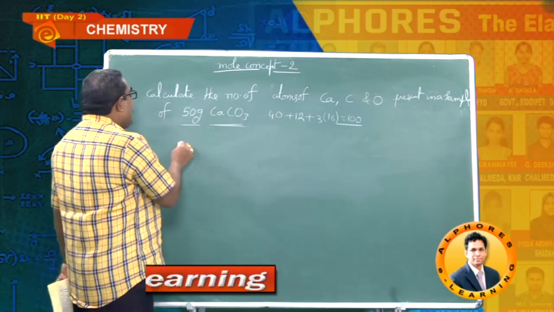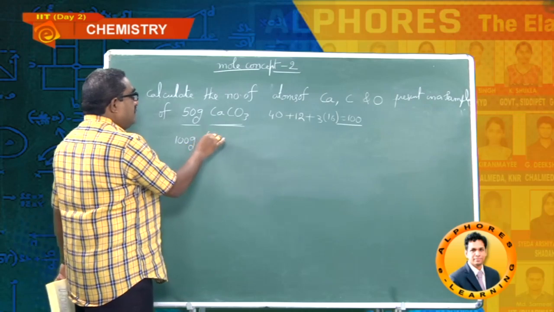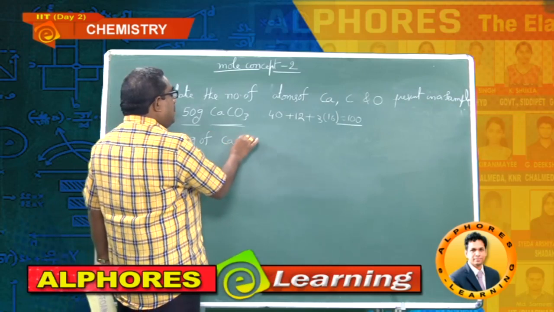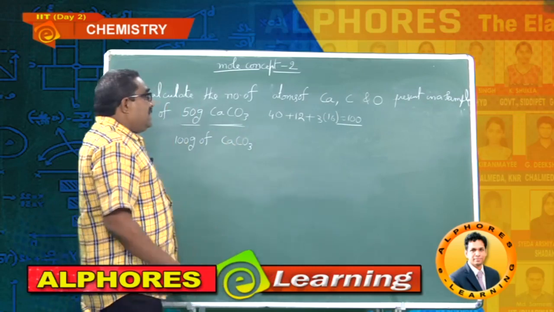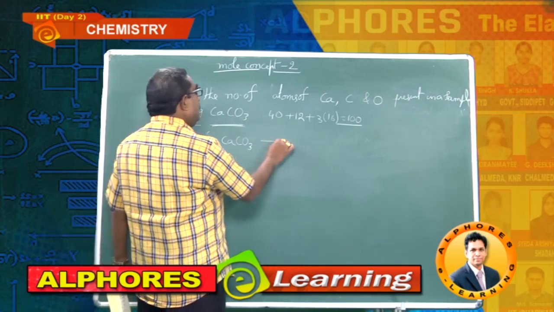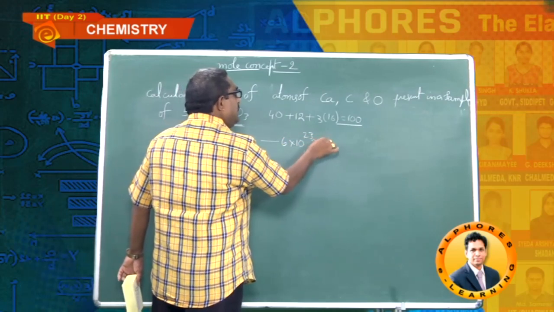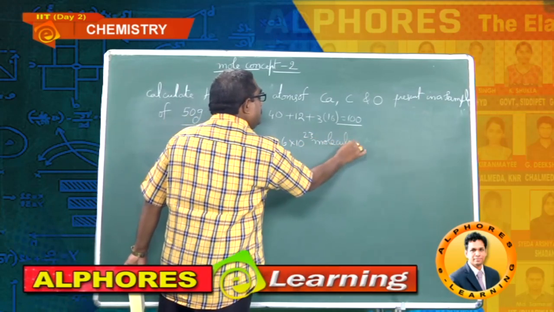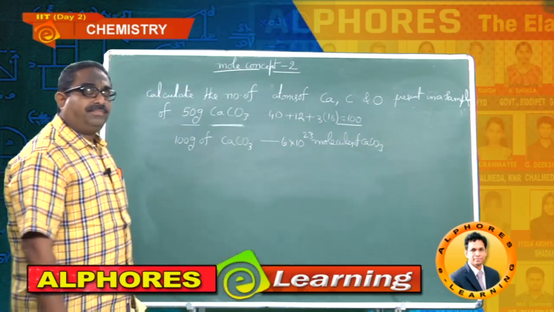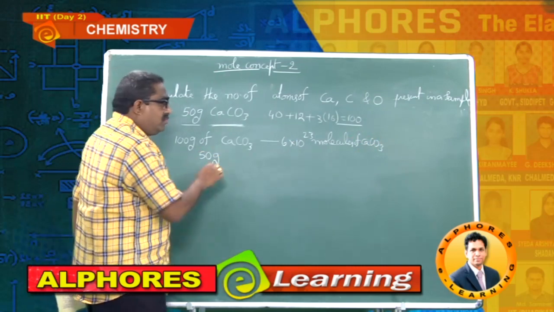I am writing like this: 100 grams of calcium carbonate contains 6 into 10 power 23 molecules of calcium carbonate, say for example. This time I have given only 50 grams to you.